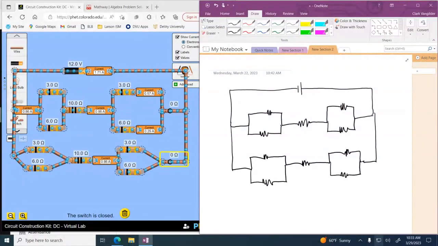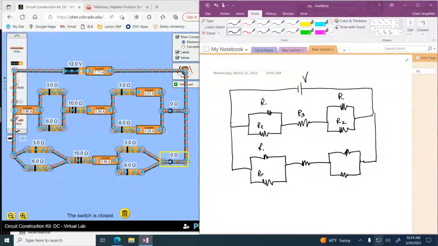So being pretty lazy with my resistor squiggles, if you will. So we would have some voltage up here. If we were to call this R1, and then the same down here.